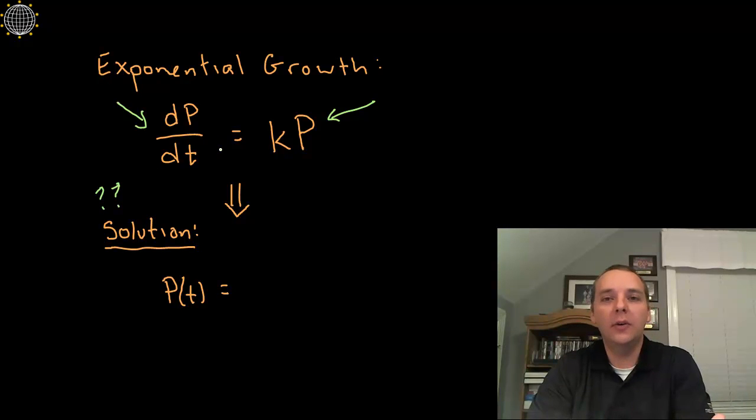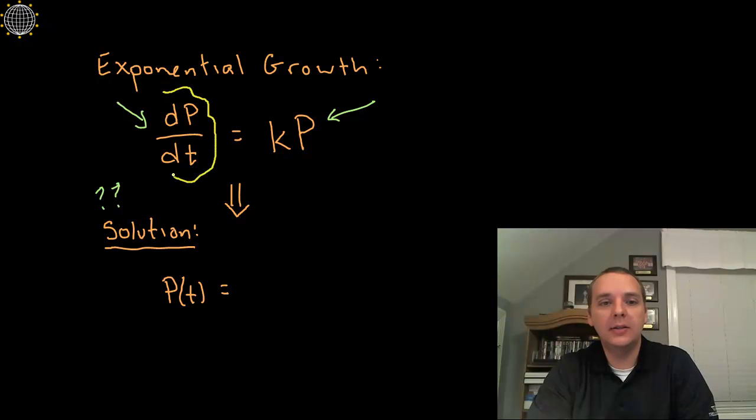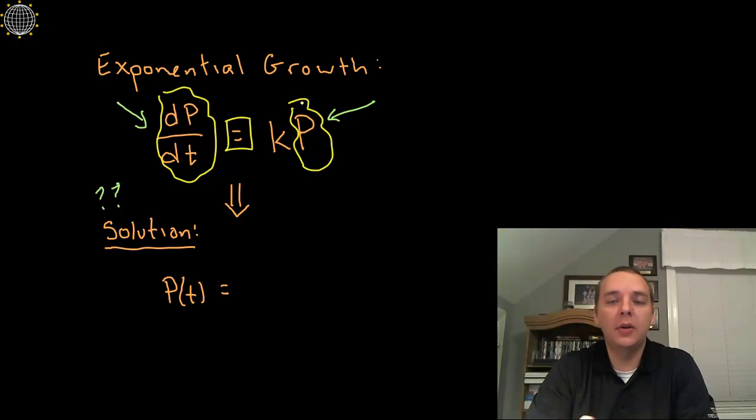Well, you're looking for a function basically whose derivative, that's the left-hand side, looks roughly equal to the original. So that's basically what we're looking for. So think through all the functions that you know: polynomials, square root functions, exponential functions, logarithms, take your pick.